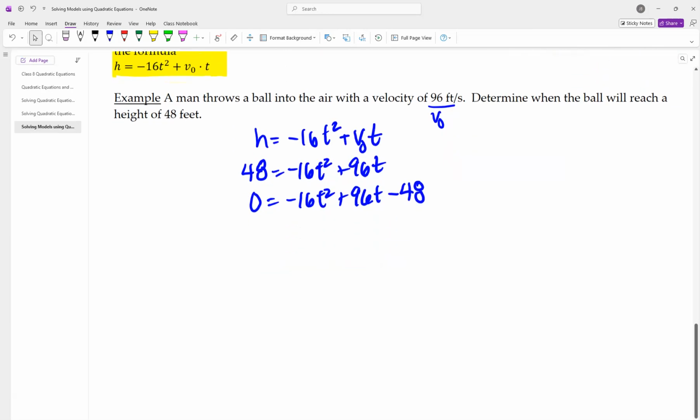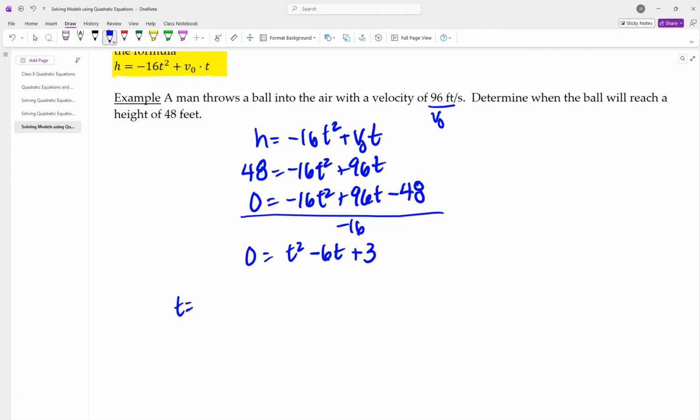Now all of this, I can divide both sides of the equation by negative 16. Happens to be a GCF, so 0 is equal to t squared minus 6t plus 3. Now this one doesn't factor cleanly, so let's try the quadratic formula.